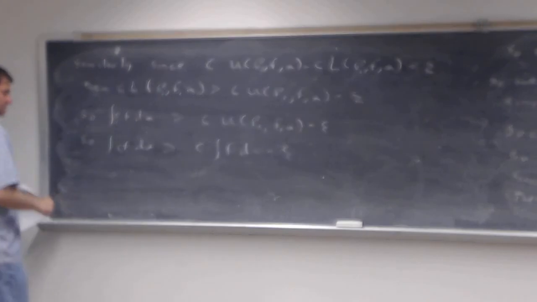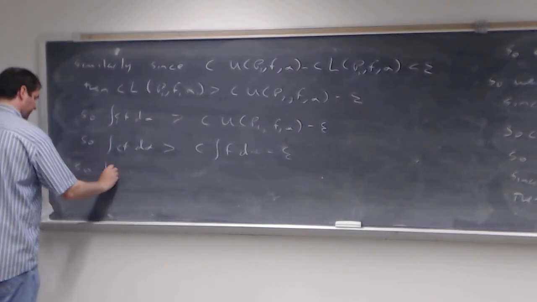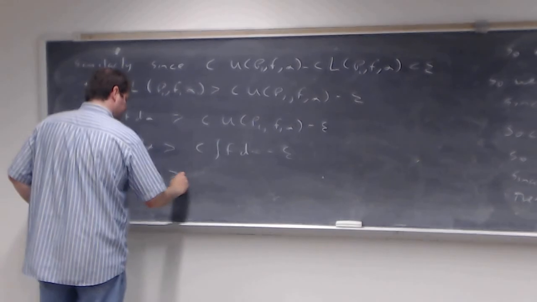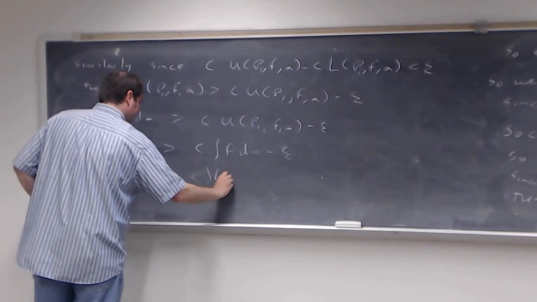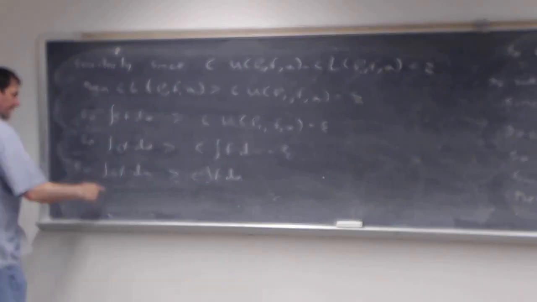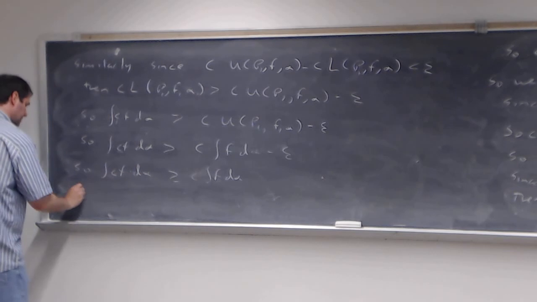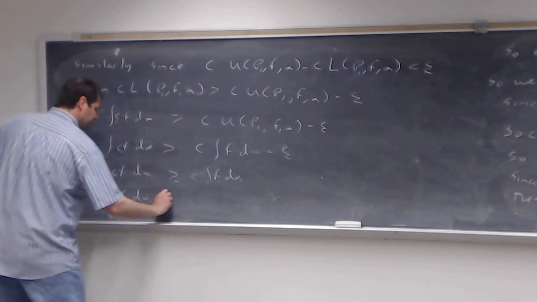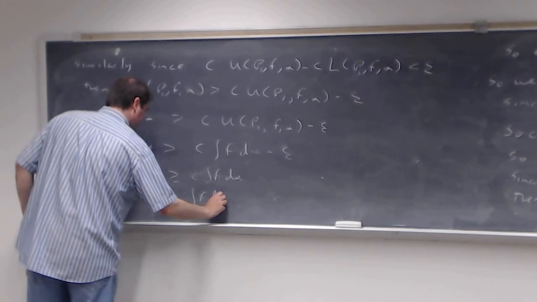Again, because epsilon is arbitrary, we have that the integral of C f d alpha is going to be greater than or equal to C times the integral of f d alpha. And therefore, since we had inequalities going both ways, we have the integral of C f d alpha is equal to C times the integral of f d alpha.